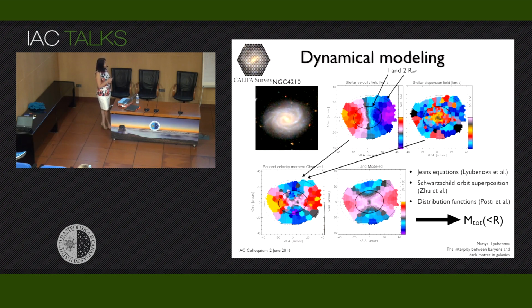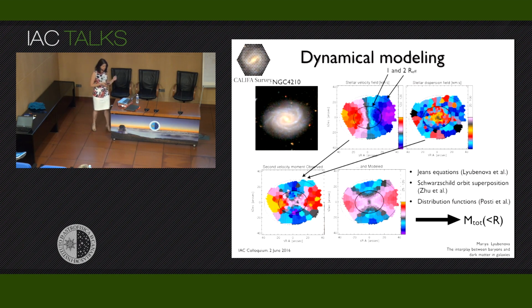So this picture here illustrates the Jeans-based model. We combine the stellar velocity and velocity dispersion fields into an observed second velocity moment, and we model that, and out of the dynamical model we get the total enclosed mass inside a given radius.